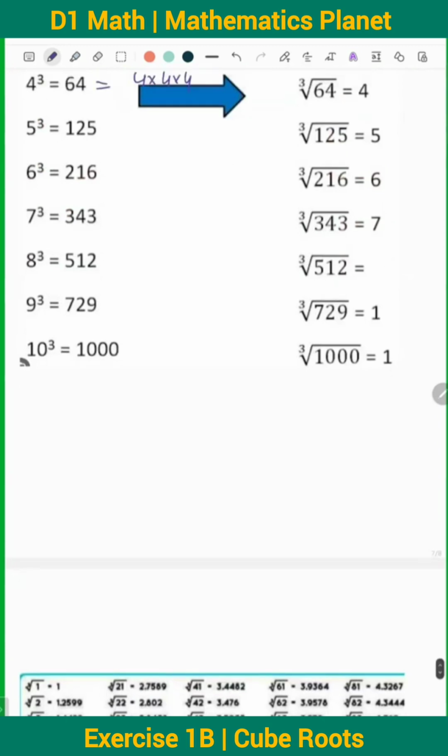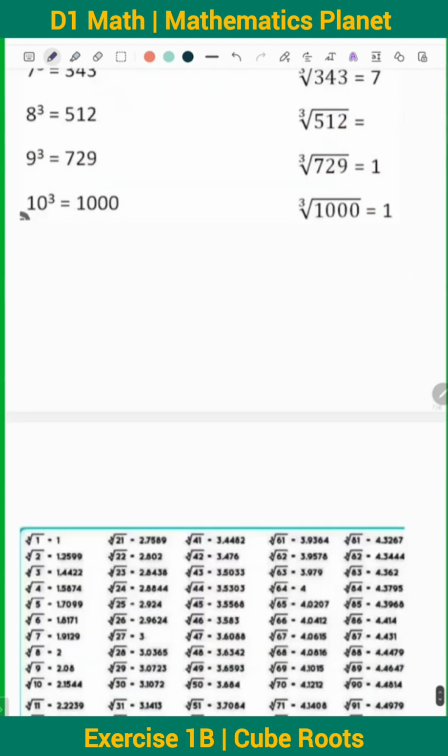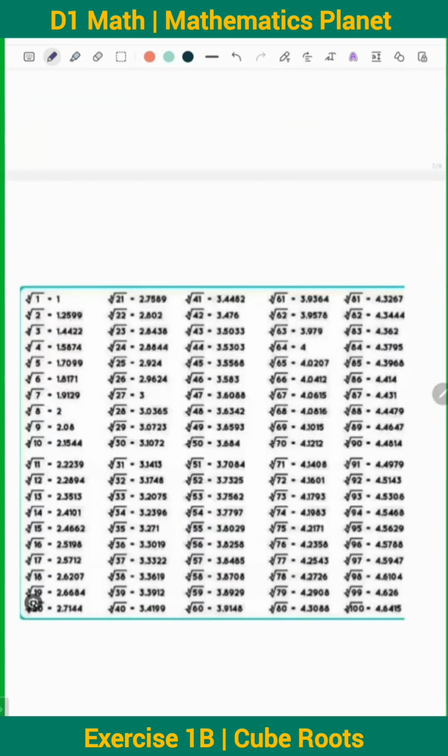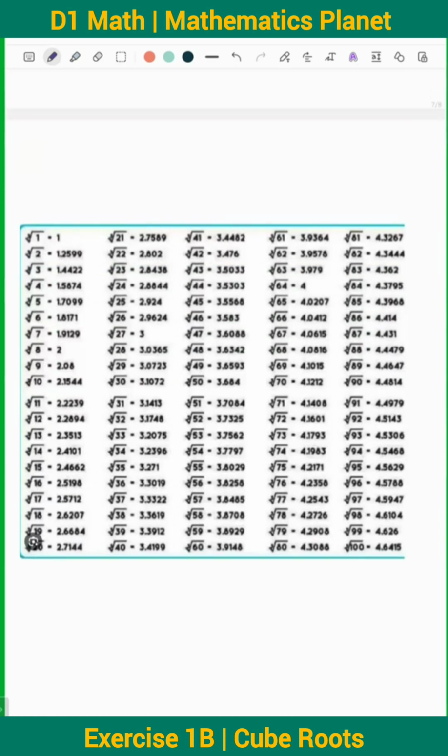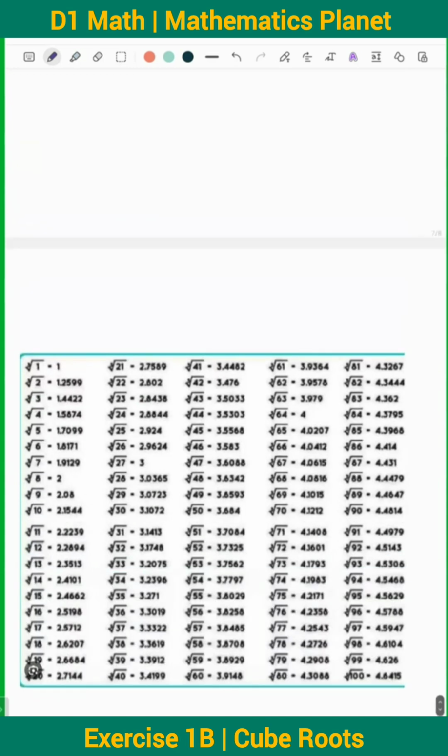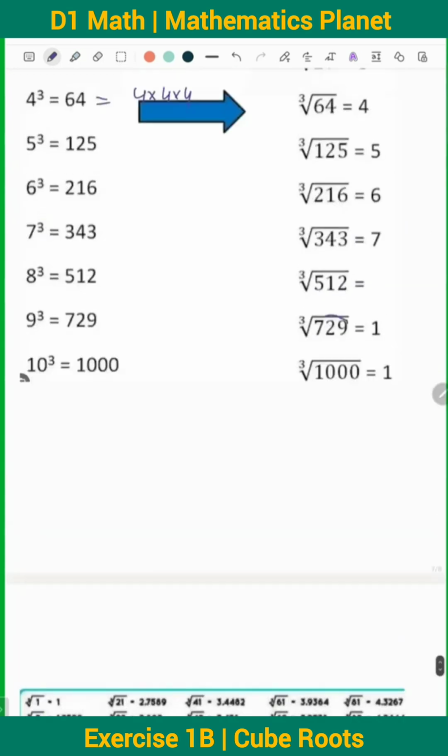Now this is a table which has many cubes and many cube roots. Can we try one? For example, I have to find the perfect cube root of 729. Miss, your voice is not coming clearly. Hello, can everyone hear me?